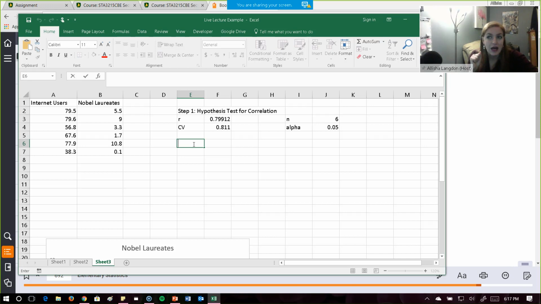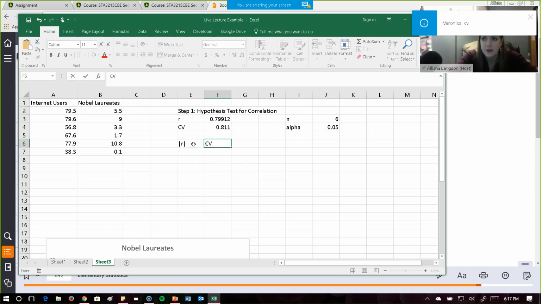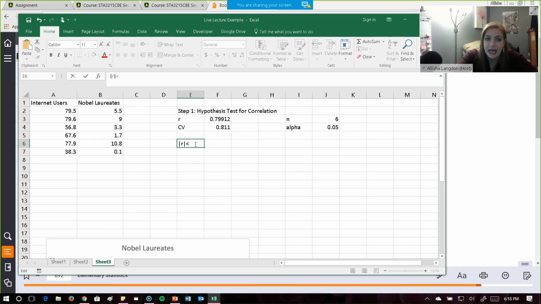Which one is larger, our R, so our absolute value of R, or CV? CV is larger, our CV is greater. So we would say our R is less than our CV.